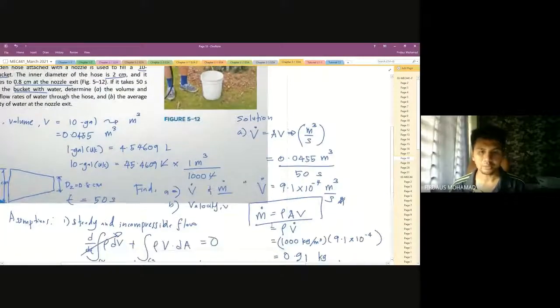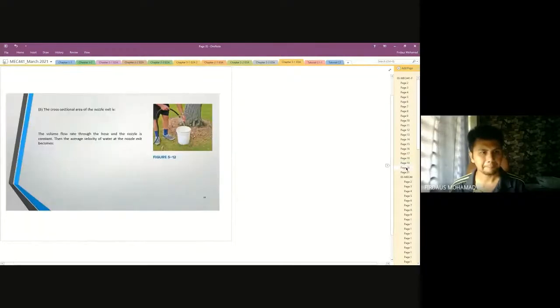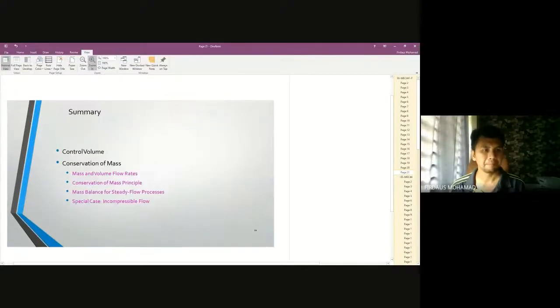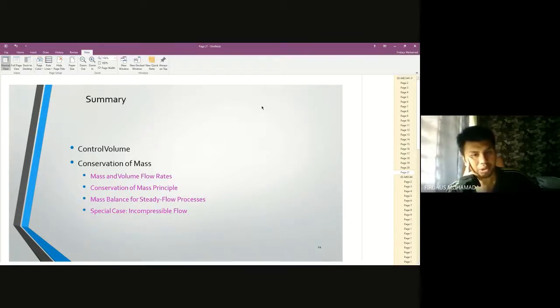Ya, ada soalan? Untuk example ni ada lagi? Ada soalan? Tak ada. Okay, so kalau tak ada soalan, basically untuk part 1 for conservation of mass, walaupun banyak benda yang kita belajar ini, yang perlu you tahu adalah the core of conservation of mass, which is the general equation.